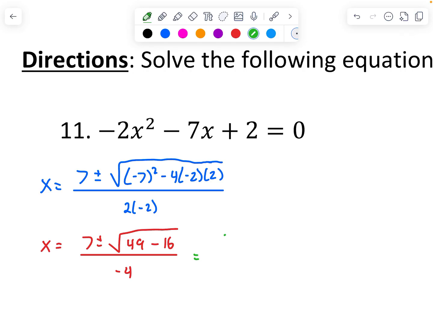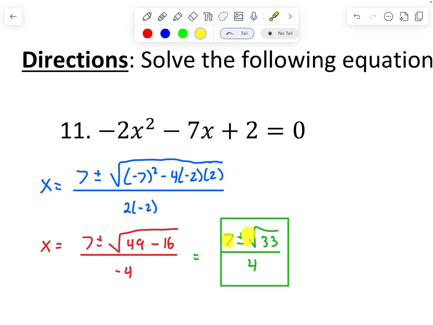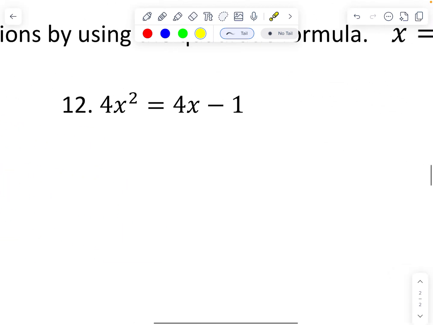And that just gets us 7 plus or minus the square root of 33 over 4, which there's nothing to be done there. You check 33 for a perfect square factor, and then remember if the number here and then a number here, if there was one other than 1, and this number, if they're all divisible by the same thing, then you divide them all by that same thing to reduce the fraction at the end.